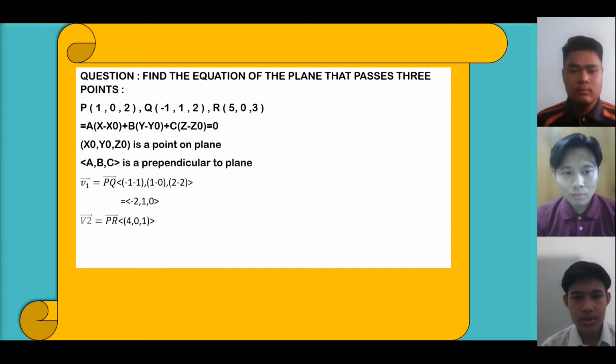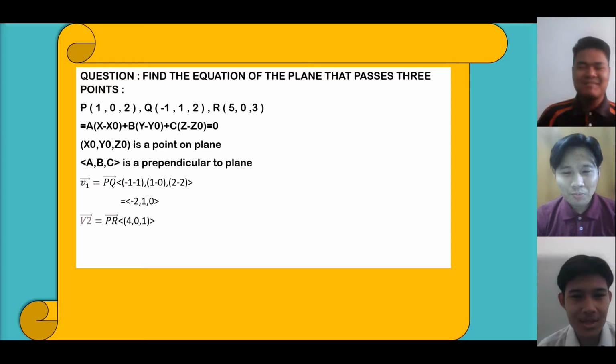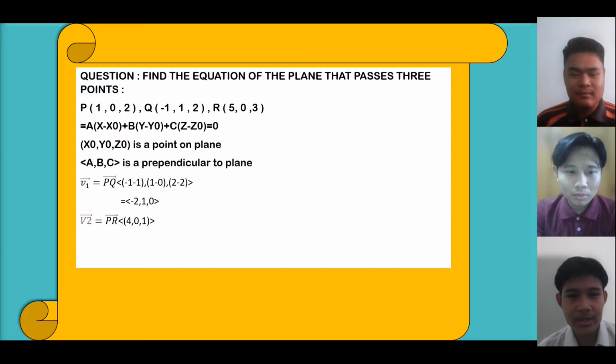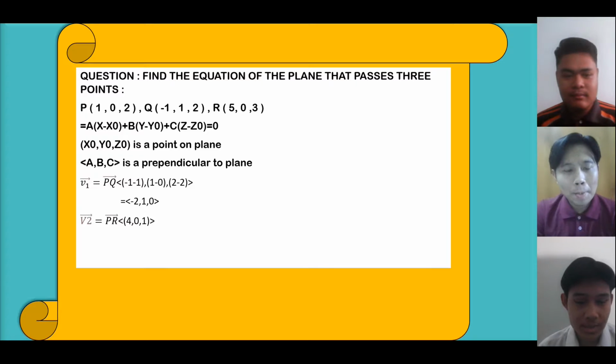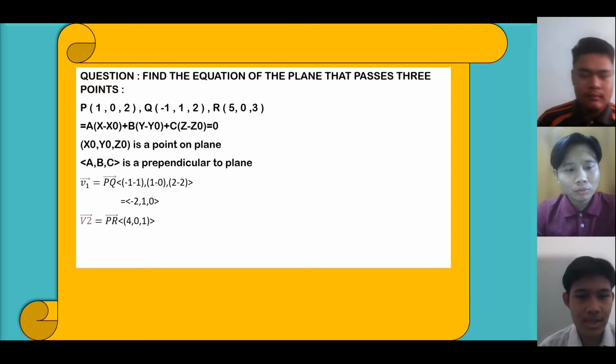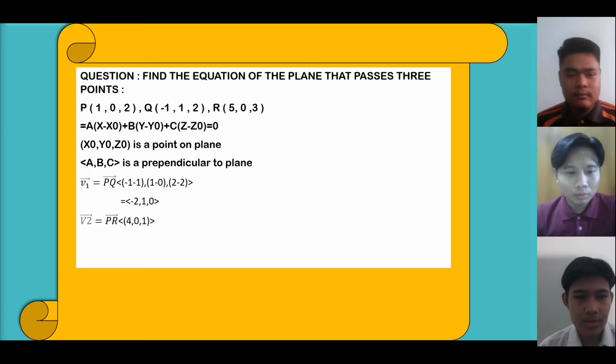So this is the formula. Then ABC is perpendicular to the plane. So you see here vector V1 equal to vector PQ.